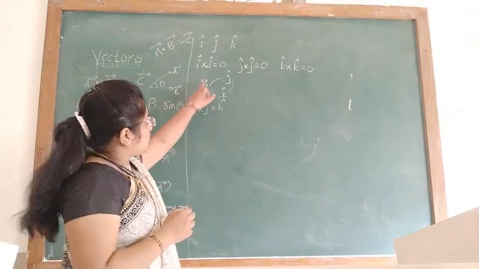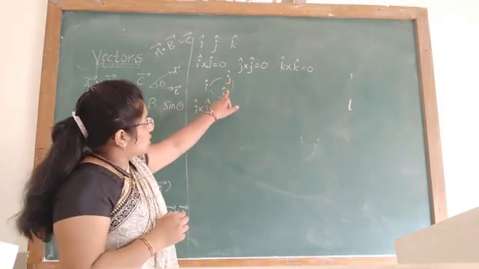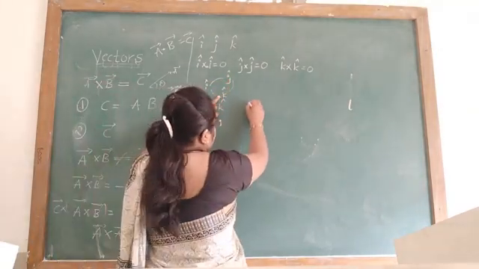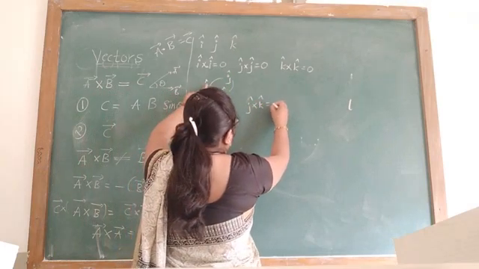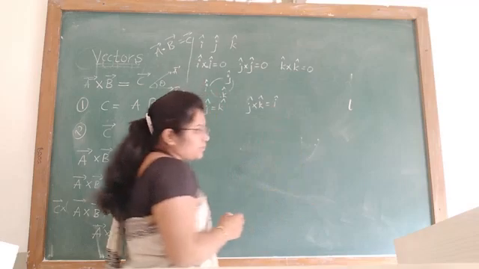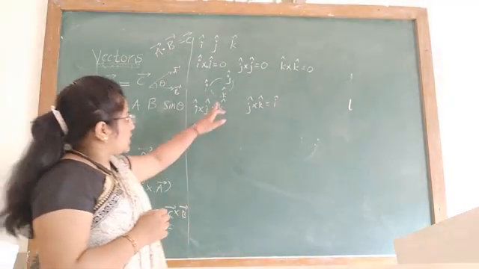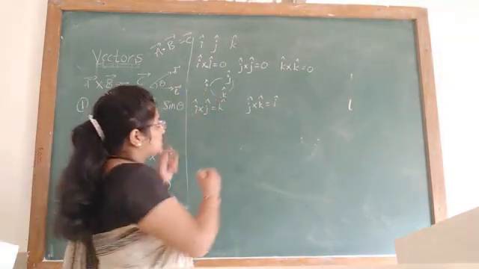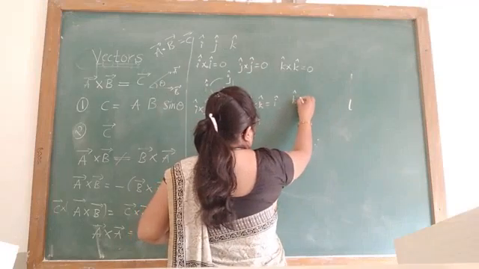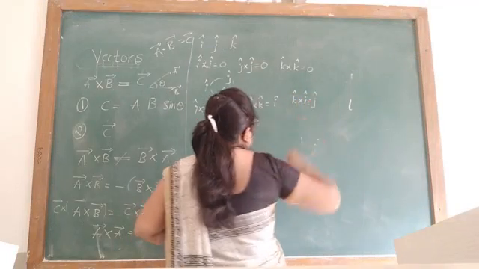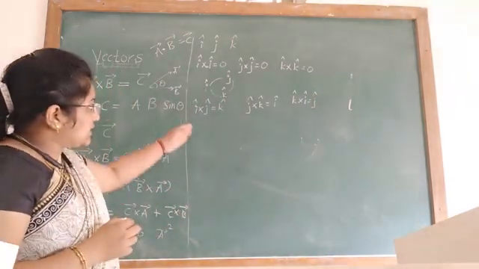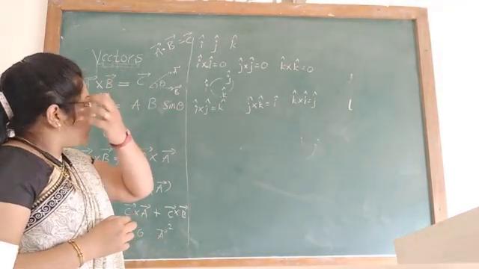Again, j cap cross k cap is equal to i cap. And k cap cross i cap is j cap. Like this, it is in a rotational manner.